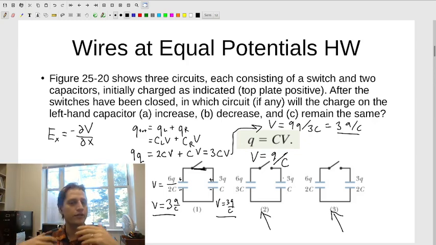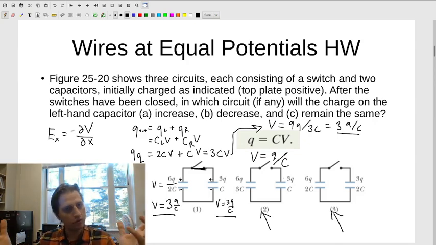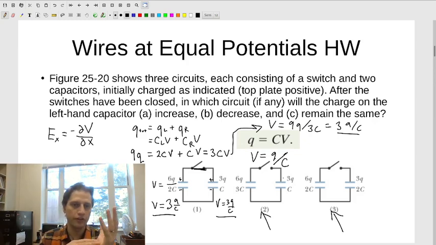On the other hand, if it's the same, the voltage will stay the same. If the voltage on the left is smaller than the voltage on the right, when you connect them up, the voltage on the left would increase. So there is a sort of intuitive way to do it. You can do it with math.